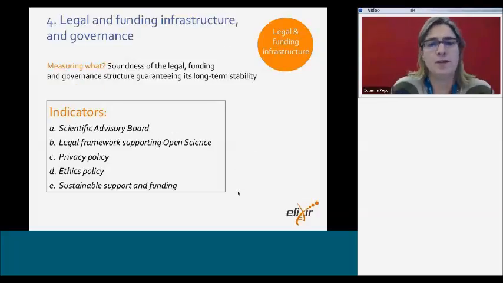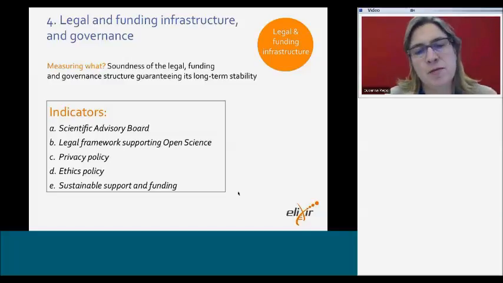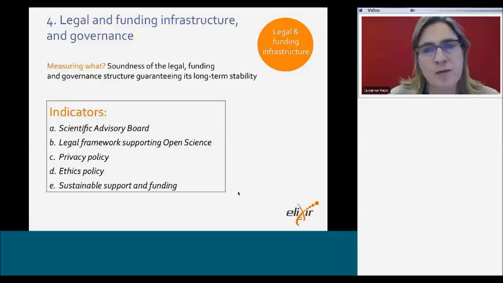The fourth category is the governance, and one of the critical things here is, does the resource have an independent and international scientific advisory board to steer the directions of the project? And is the legal framework there that will support open science? So this means, is the licensing clear? Do they have open licenses? Or is it terms of use?